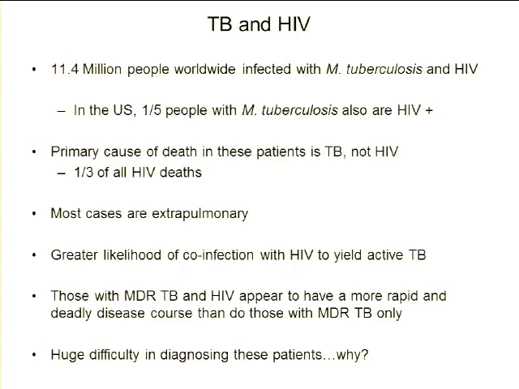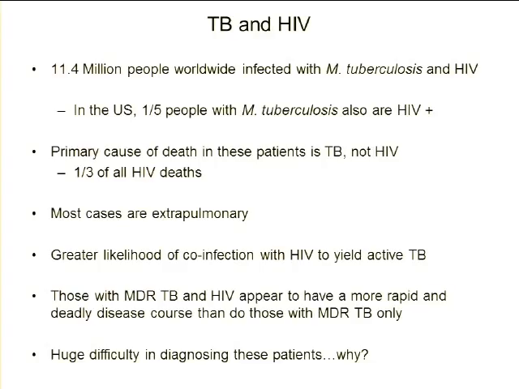There's a huge difficulty in diagnosing these patients. Why is that? Okay, so it's extrapulmonary, so that makes it tough. They frequently have disease symptoms similar to those with TB, and they may not react properly to the PPD test because their immune systems are compromised, right?